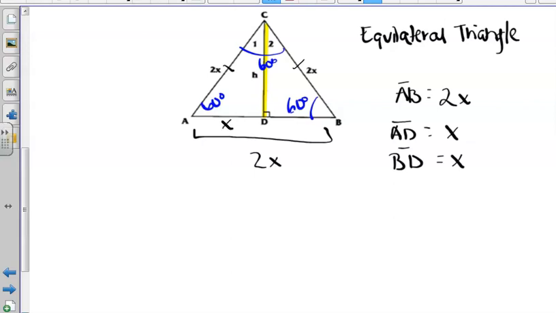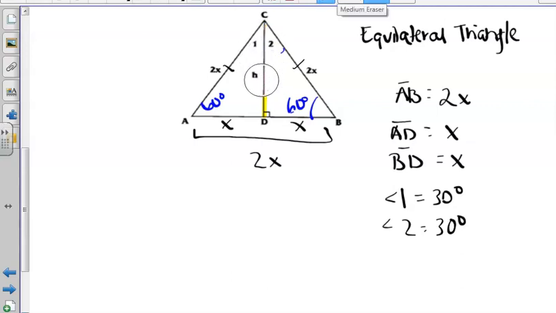So I can label AD x and BD x. Now, if angle 1 plus angle 2 is 60, I can then say angle 1 will be 30 degrees and angle 2 will be 30 degrees because the altitude will also bisect this angle. So I'm going to label that as 30 degrees, 30 degrees.